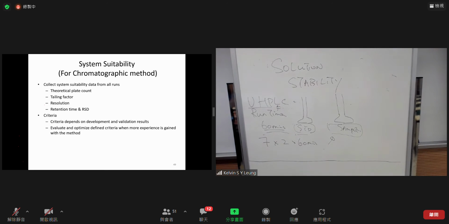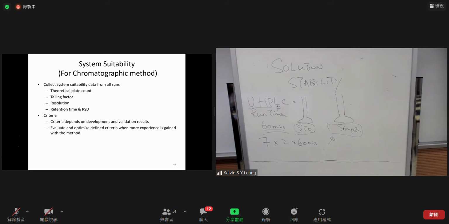So try to have some studies for a better understanding of your standard, then you can have less work in your routine. This is one of the purposes of doing the solution stability.